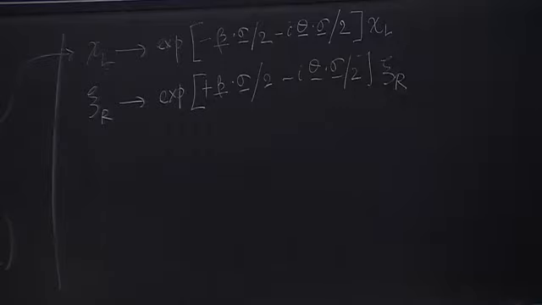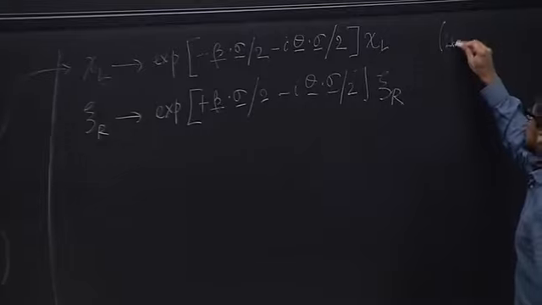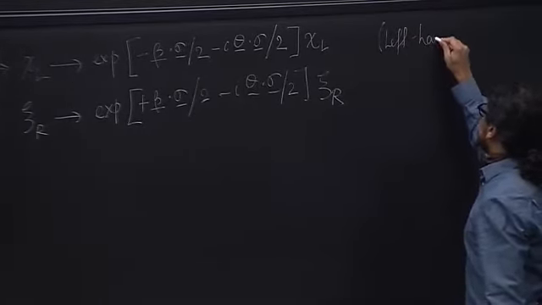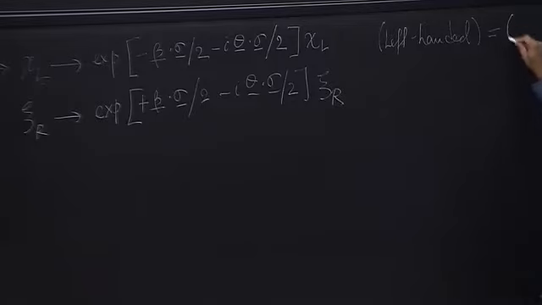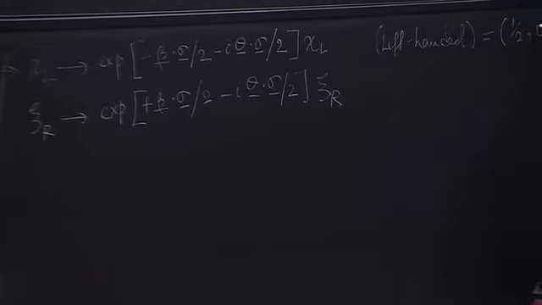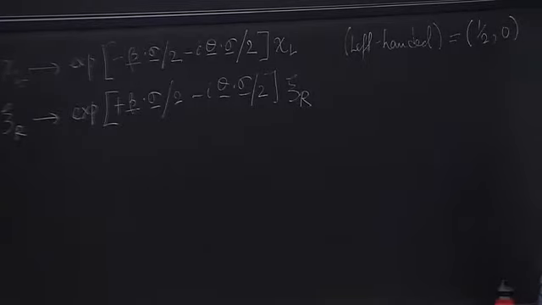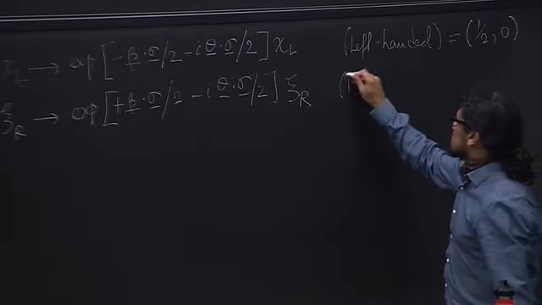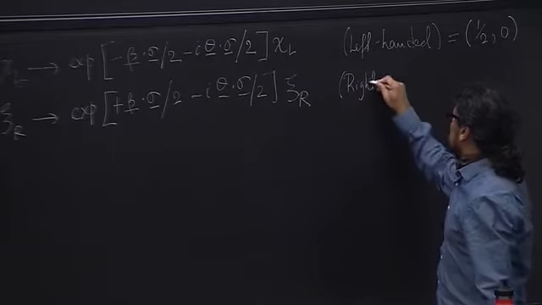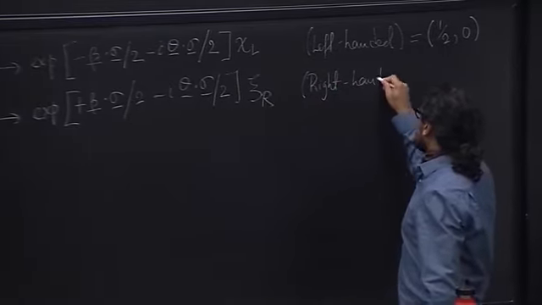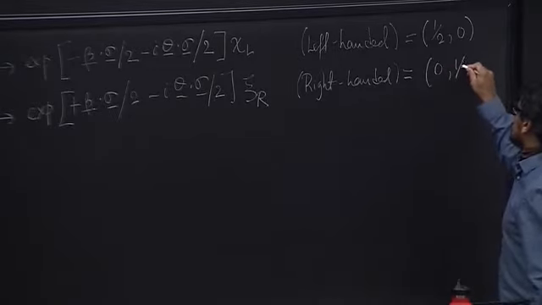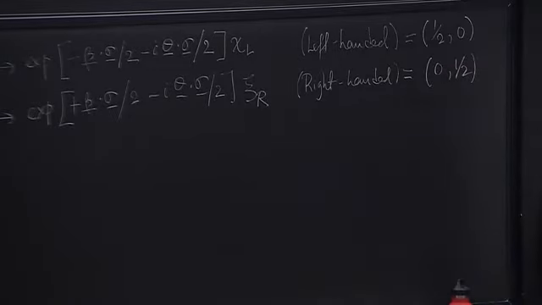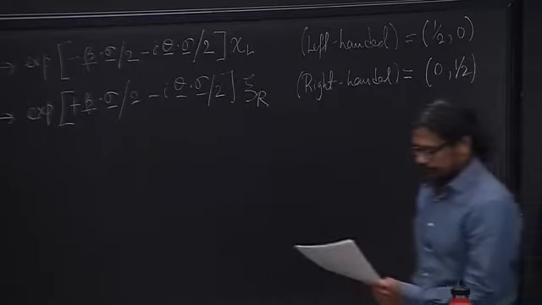So this representation is the left-handed Weyl representation. In the literature, this is also known as the (1/2, 0) representation. And this is the right-handed representation, sometimes referred to as the (0, 1/2) representation.